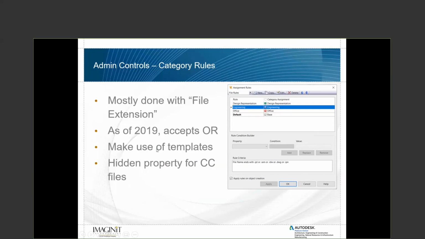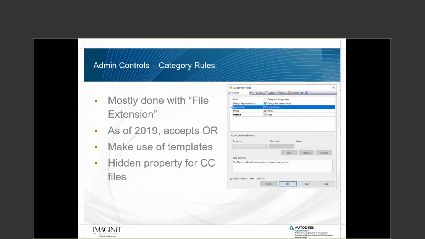Other properties that we might use for automatic categorization might be different departments. One way I've recommended companies utilize templates: if you have different templates for your different departments, you can put a property in there that identifies, hey, this file is hydraulic, this file is mechanical.